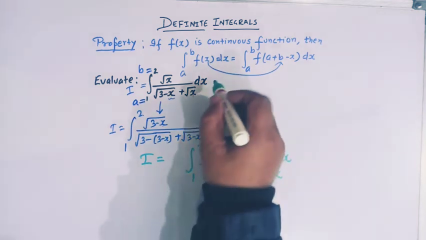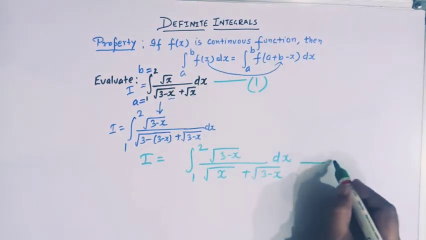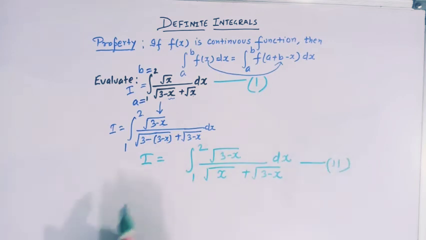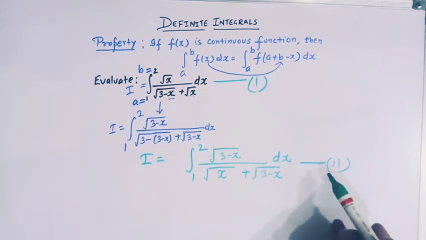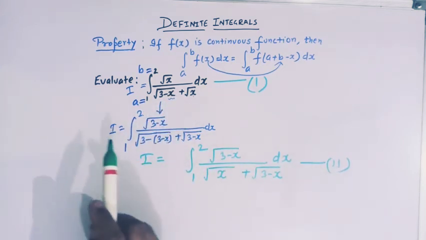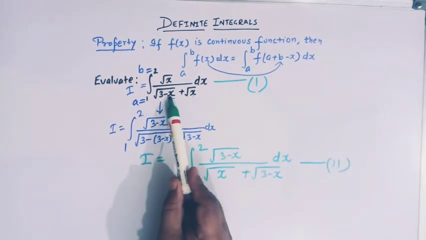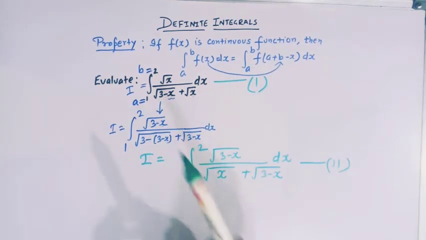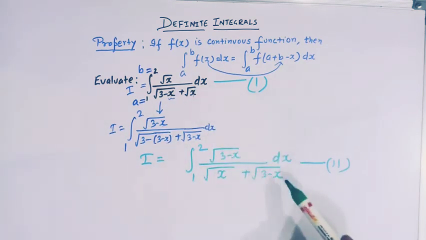Let us call this integral 1 and this integral 2. This is the original integral which we have to evaluate, and this is the integral obtained by applying this property to it. Now we will add these two integrals.